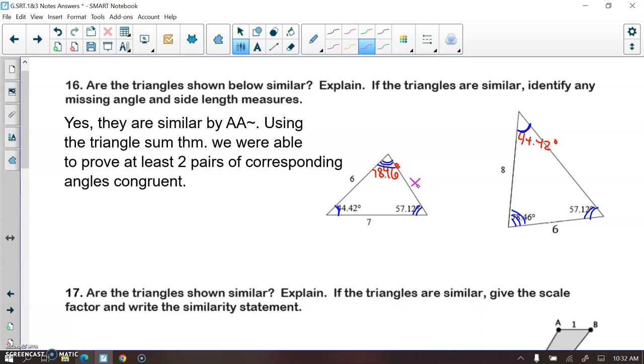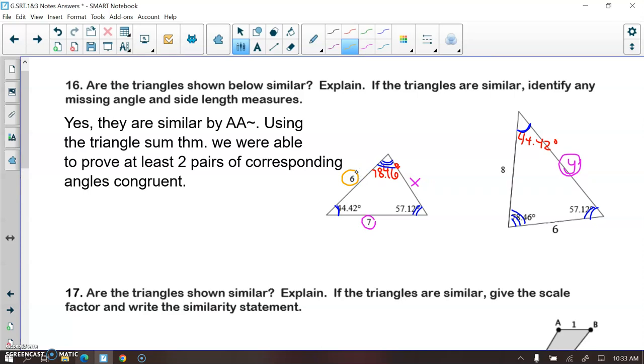Well, I have the side that's in between the one congruent tick mark or arc and the two congruent arcs. On my larger triangle, the side between the 1 and the 2 congruent arcs, I'm going to label that y, a different variable. Okay, so those two that I circled in pink correspond with one another. The side that's in between the 1 arc and 3 arc angle is the 6 on my smaller triangle.